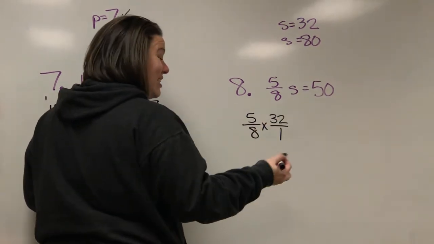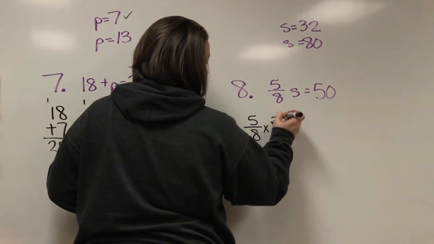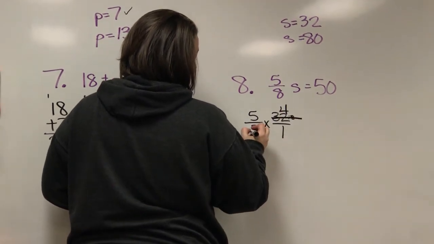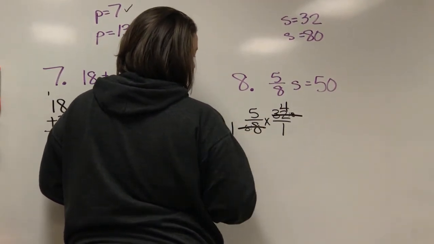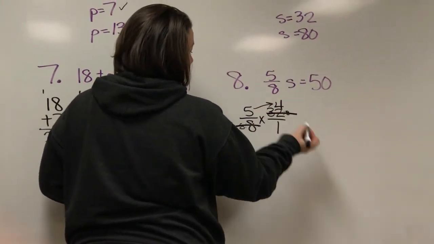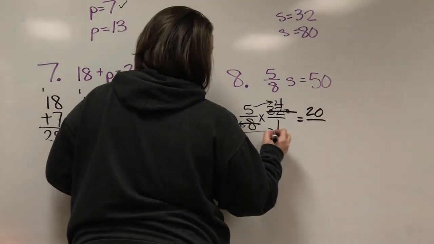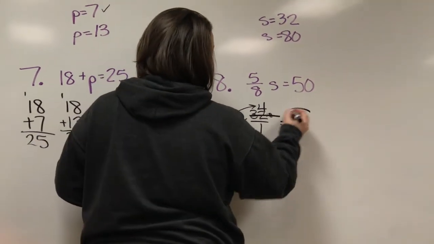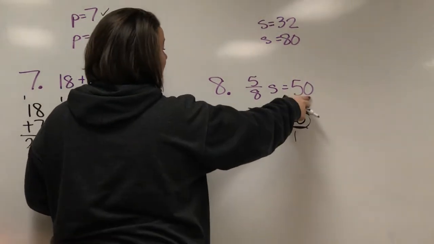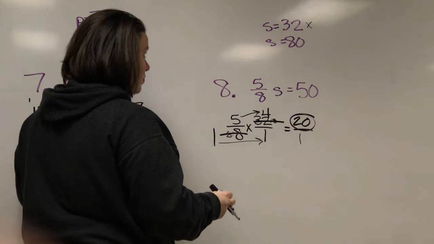They both have 8 in common. 32 divided by 8 is 4. 8 divided by 8 is 1. That makes our multiplication a lot easier. 5 times 4, 20. 1 times 1, 1. So that answer is 20. We're trying to get to 50, so I don't think that 32 is an answer.